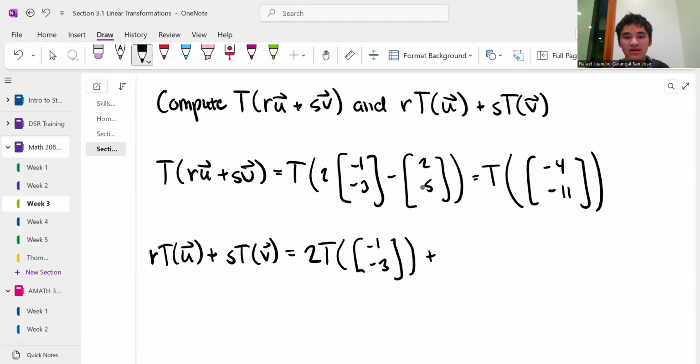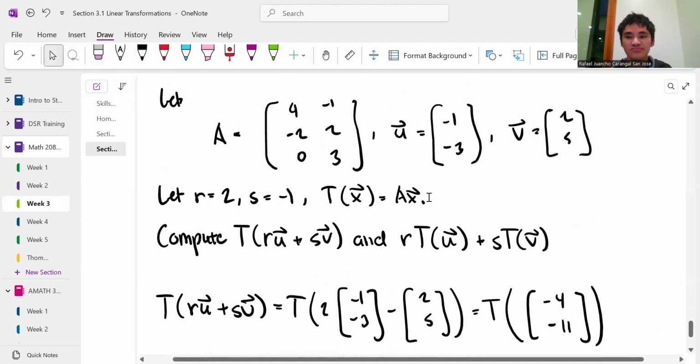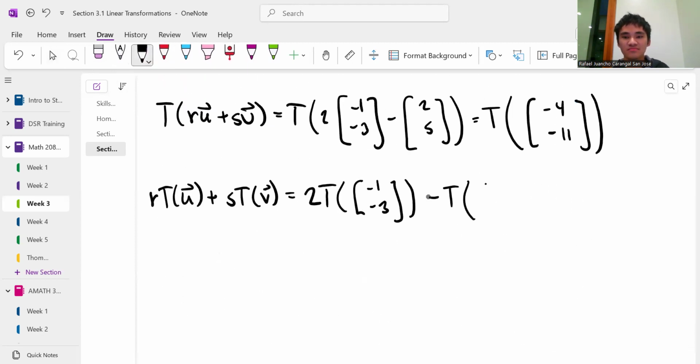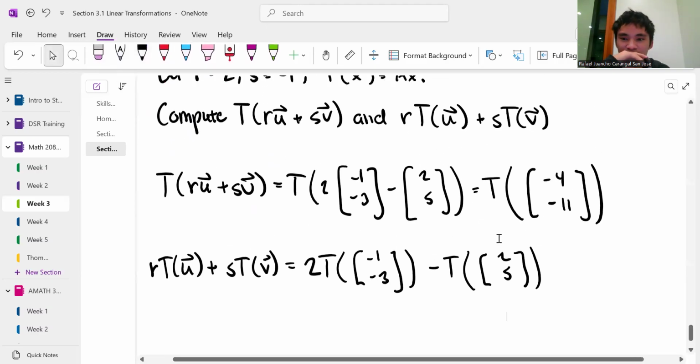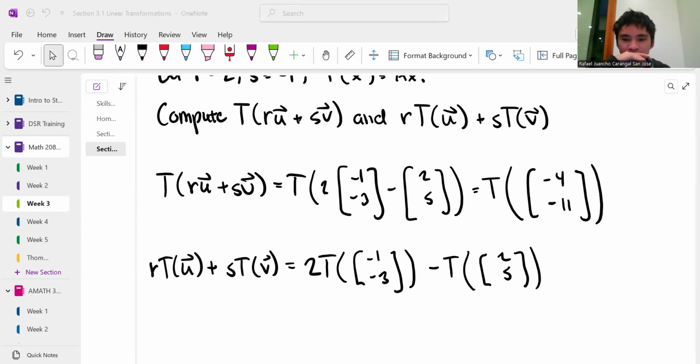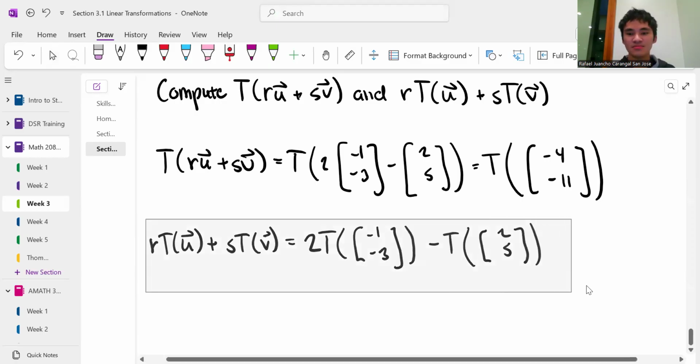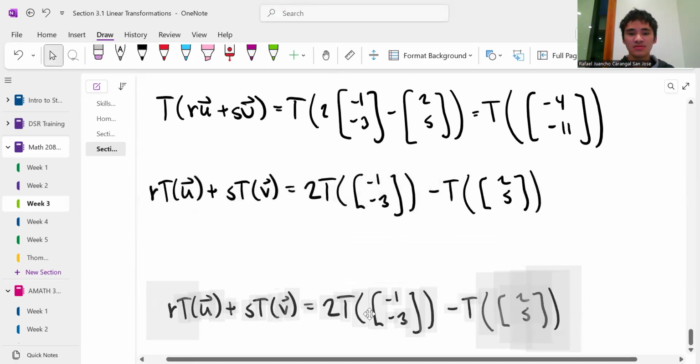Then we add that to S, or in this case minus, the transform of 2 and 5. Are those two equal? Hmm. All right, we use that A matrix. I forgot. Whoops. We're gonna keep this going.